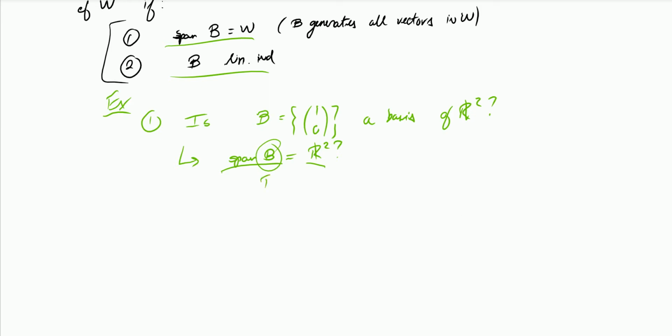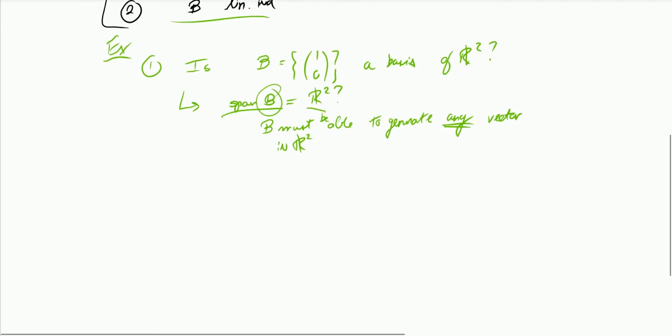Okay. Well, for span B to equal R2, that means that B must be able to generate any vector in R2. So that's the important part, is any vector. And remember what the vector space R2 looks like.